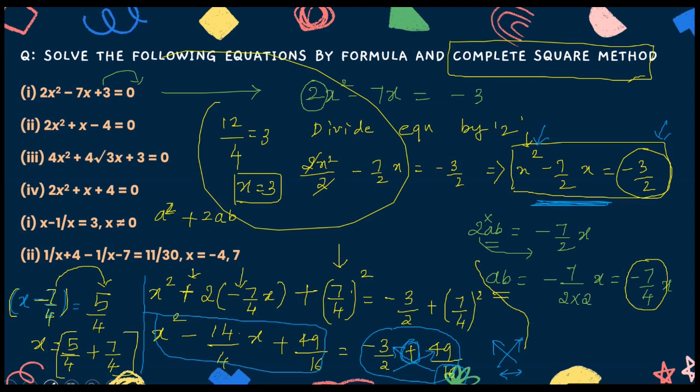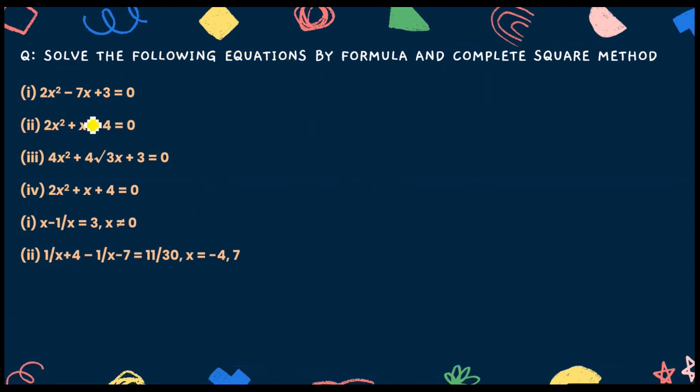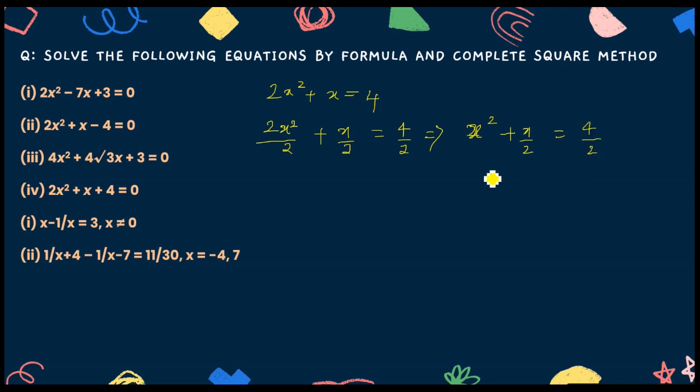Anyway, let's take the next question also. Now a little faster I will do. First rewrite 2x square plus x minus 4 equal to 4. Divide by 2. 2x square by 2, plus x by 2, and here 4 by 2. So now I got x square plus x by 2 equal to 4 by 2.